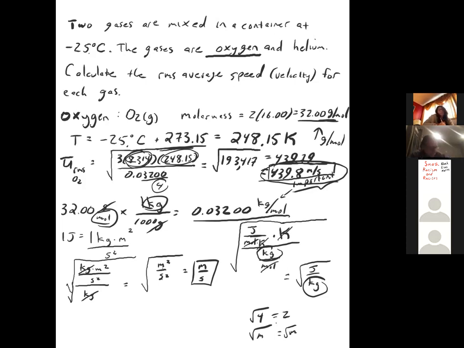Okay. Let's do helium. Again, it's minus 25 degrees C. You don't need a lot of information for these problems. You just need the gas, what kind of gas it is. So you have the molar mass, and you need the temperature. So this is for helium.